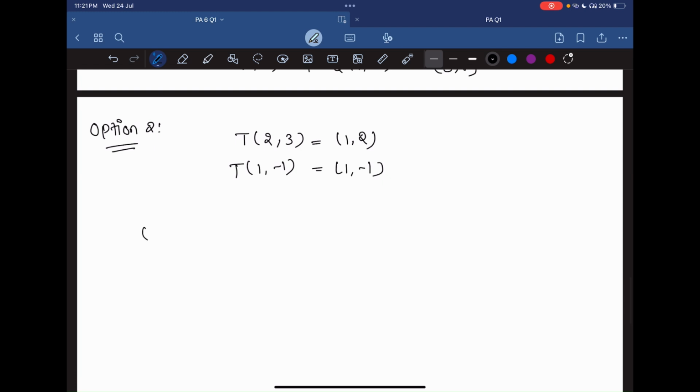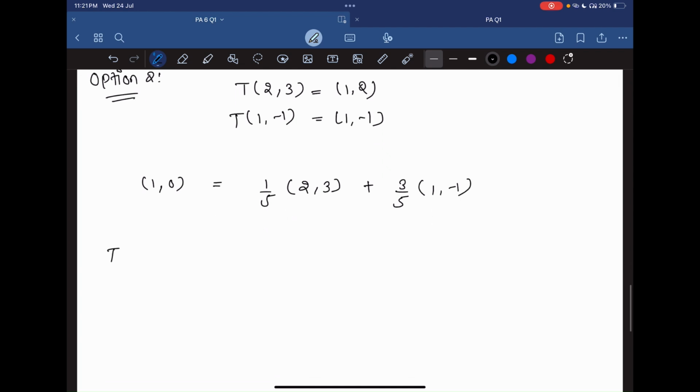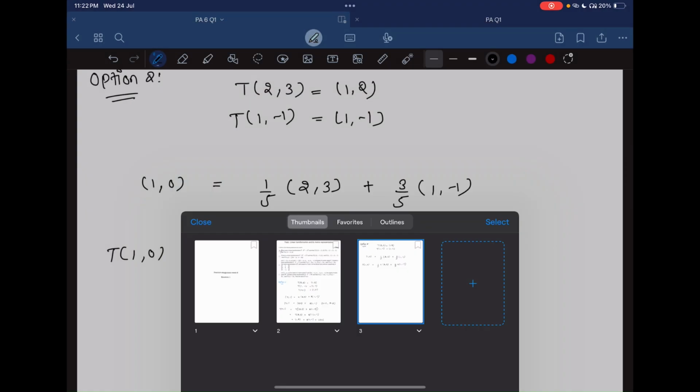Now, as again these two vectors are linearly independent and hence form a basis, from the same logic, I can write (1, 0) as 1 by 5 times (2, 3) plus 3 by 5 times (1, -1). So if I take T on both sides, I will get 1 by 5 times T(2, 3) plus 3 by 5 times T(1, -1).